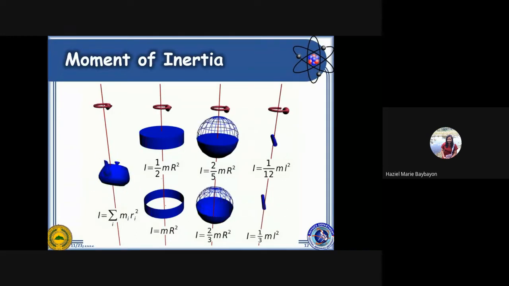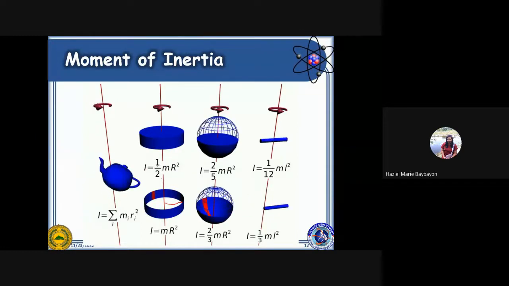So kining gikan sa center padulong diri amo na siya iyang radius. So you have I is equal to m r squared. But for a solid cylinder, meaning to say, dili siya hollow, wala siya buho diri sa tunga. Solid gyud siya tanan, packed. You have I is equal to 1/2 m r squared.